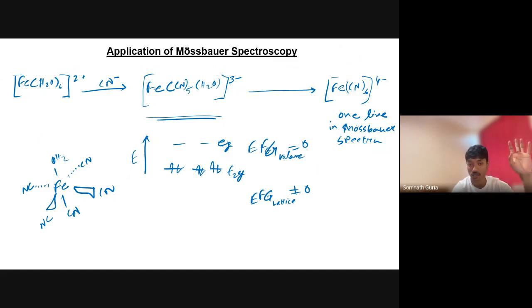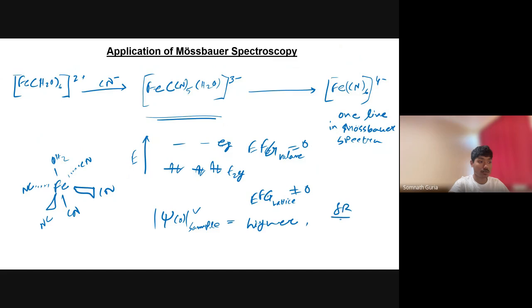If there is more electron density at the nucleus, our psi 0 square of the sample will be higher, and we have a delta R by R value negative. So the delta value will be shifted more in the negative direction.